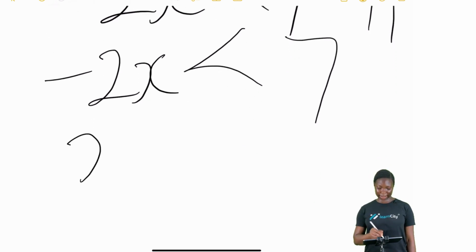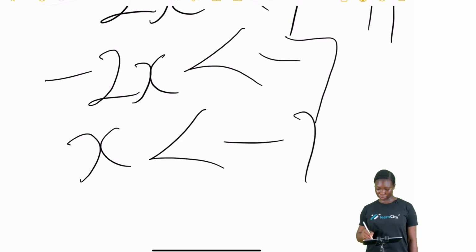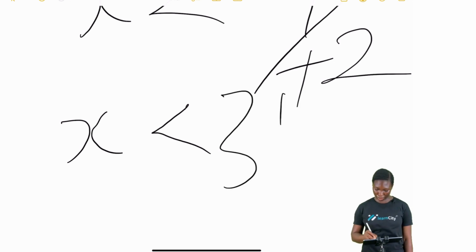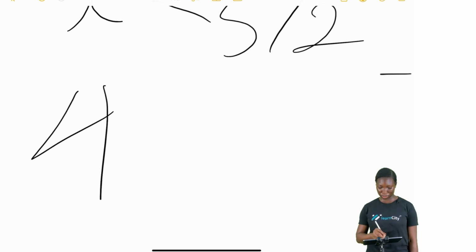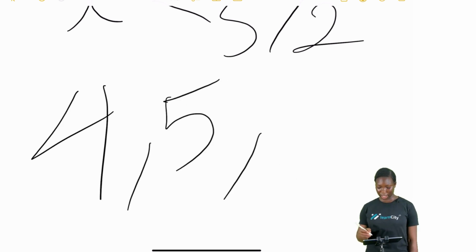So we have x to be minus 7 over minus 2. So we have x to be less than, we have it to be 3 whole number 1 over 2. So the lowest possible values of x will now be 4, 5, and 6.